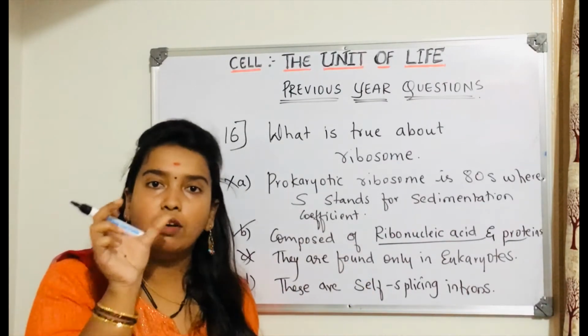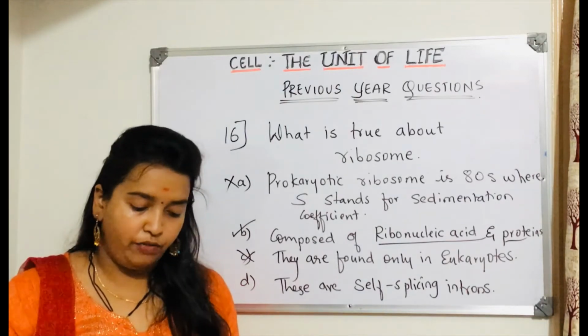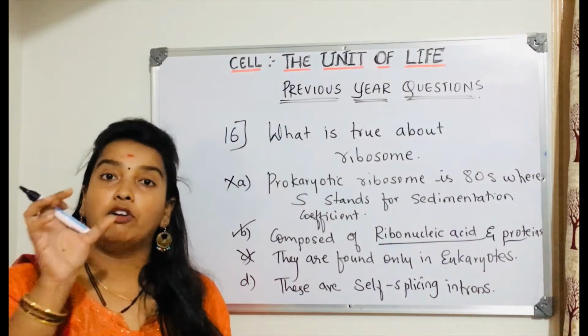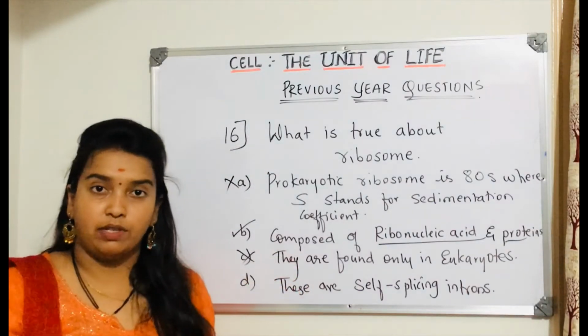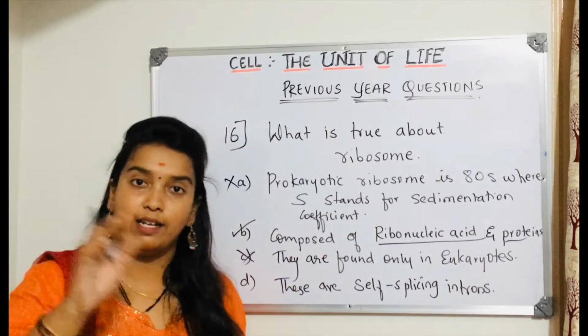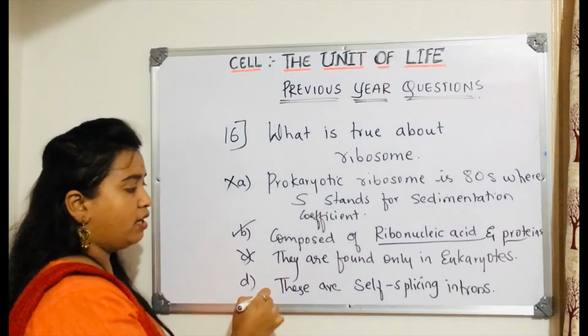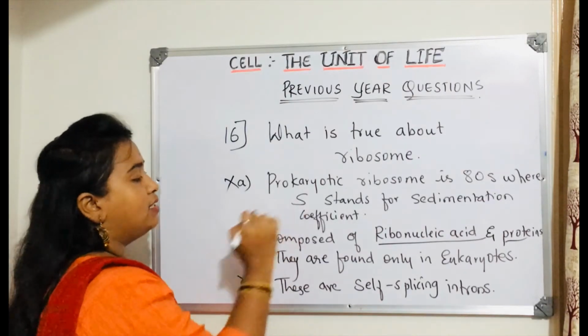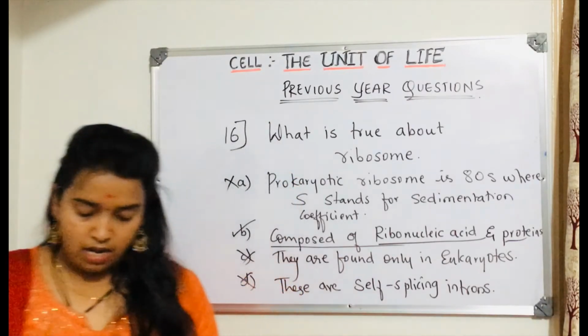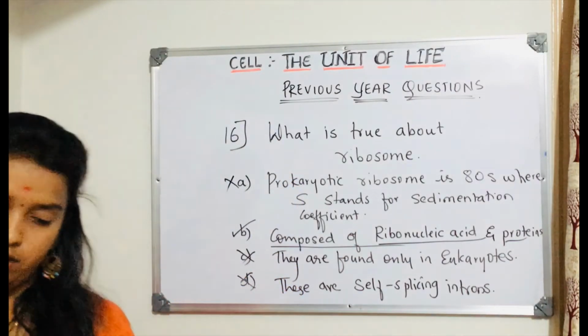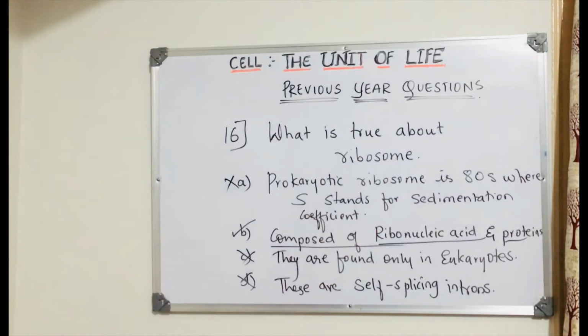Introns are a part of mRNA, which we talk about as expressing and not expressing, where we call them introns and exons. So this is not the option at all. The answer is they are composed of ribonucleic acid and protein. That is why I told you this question we have already discussed. Any mistake now?